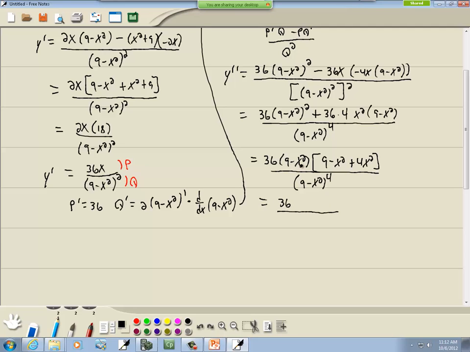Now this 9 minus x squared here cancels with one of these 9 minus x squareds. So this becomes 9 minus x squared to the 3rd power. And simplifying what's inside the brackets here, 4x squared minus x squared is 3x squared. There we go. 3x squared plus 9.